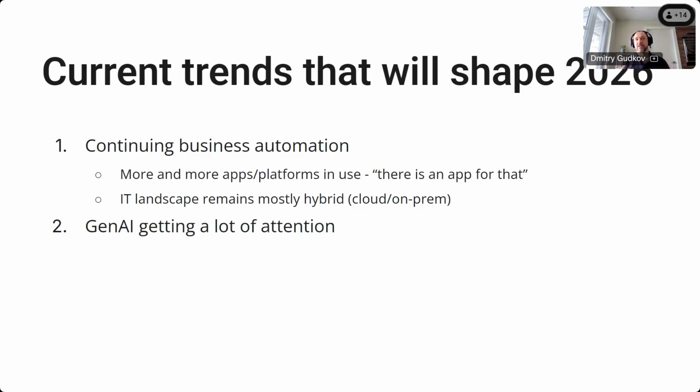Second, it's hard not to mention the elephant in the room: generative AI, Gen AI, getting lots of attention. I see it as being for two reasons.